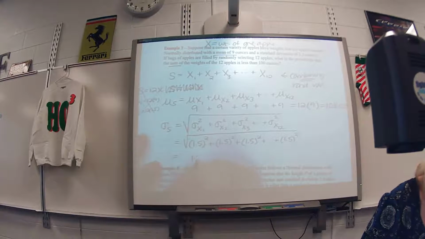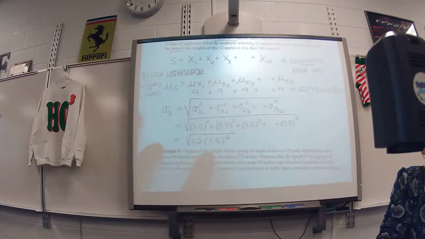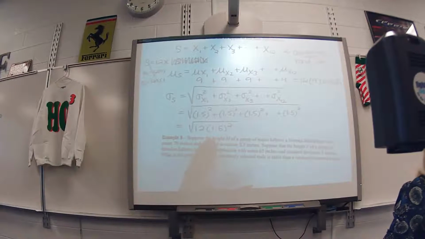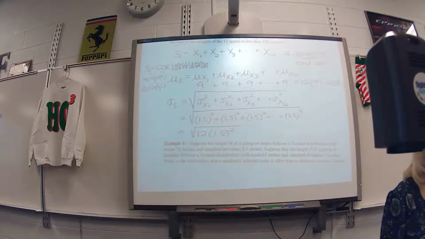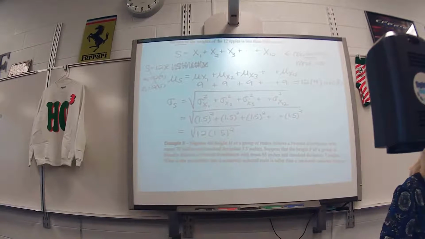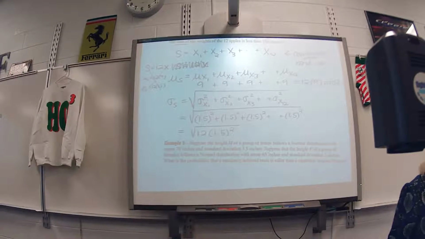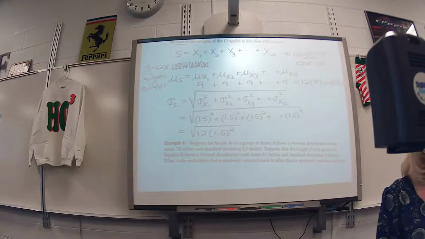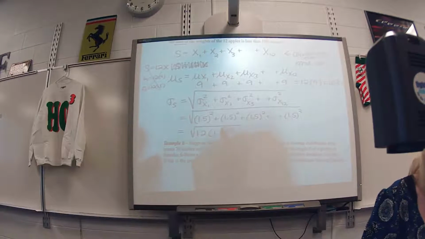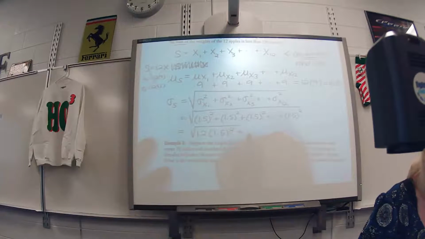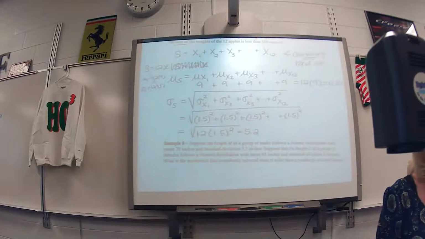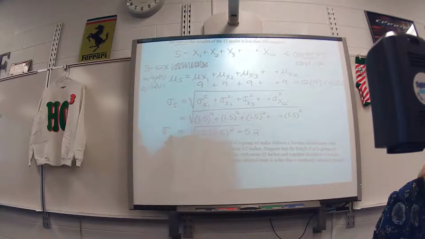So here's the math that actually goes into your calculator right there. You do end up doing 12 times 1.5 squared, and then you have to square root the whole thing. And this comes out to be 5.2. That is sigma sub S.